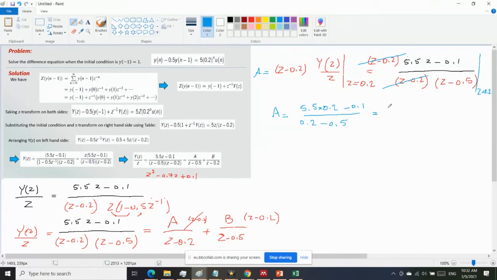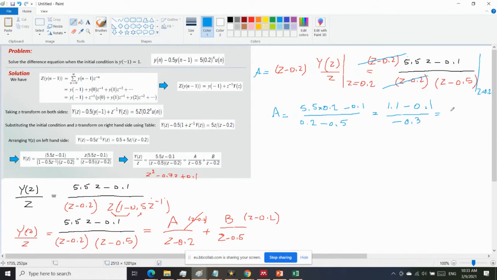This will be 5.5 multiplied by 2, 0.55 multiplied by 2, so that becomes 1.1 minus 0.1 over minus 0.3.